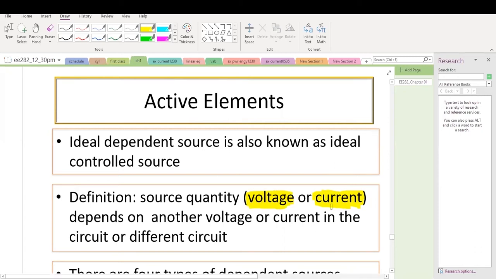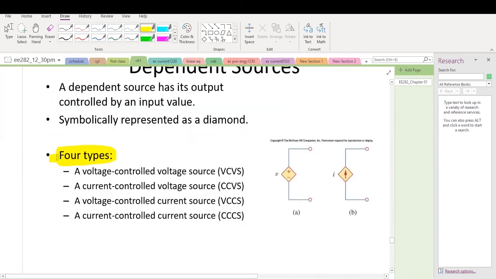There are 4 types of dependent source. Controlled source, dependent source, means that the source is controlled by another quantity. There are only 2 types of quantities in the circuits to control other sources, voltage and current.